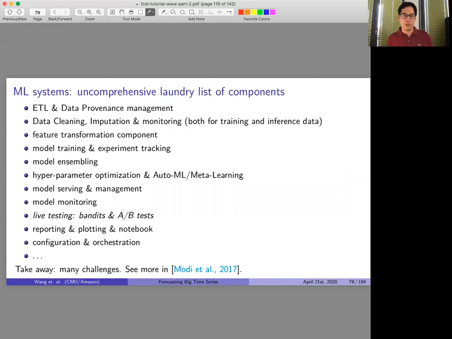And then in machine learning systems, you've got lots of components that you will need. Of course, ETL components, maybe data provenance management is important. Of course, you need some experiment tracking, model ensembling, and so on. A whole laundry list of challenges that you need to solve when you want to build such a system.